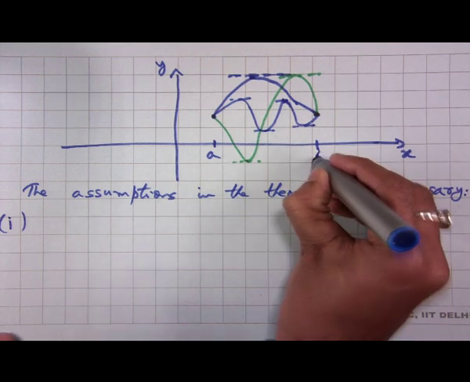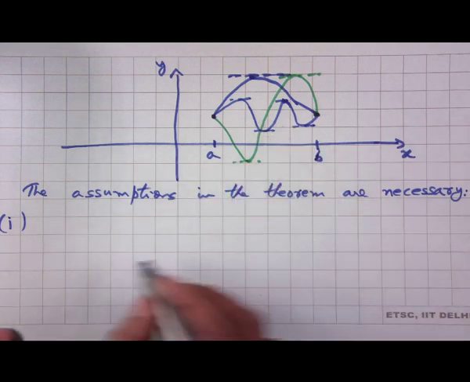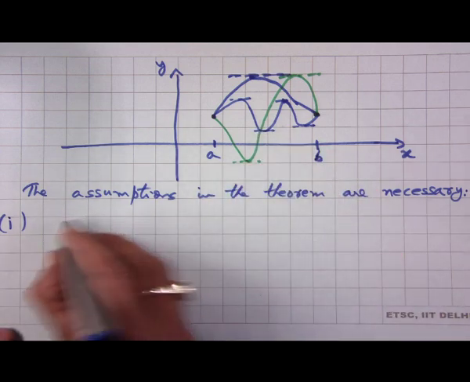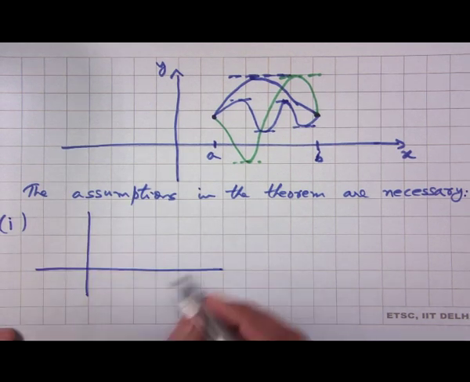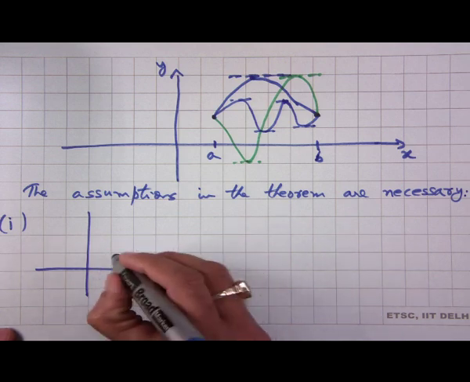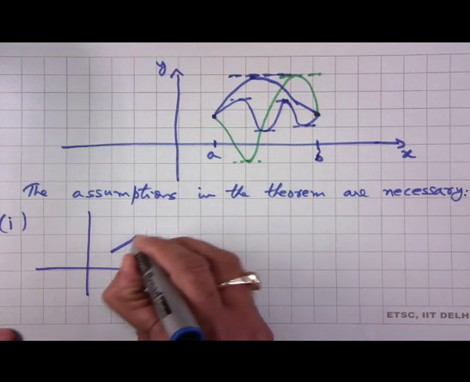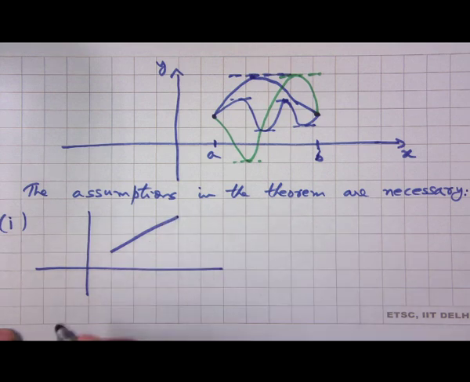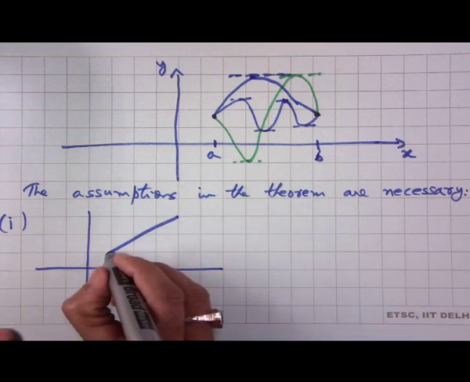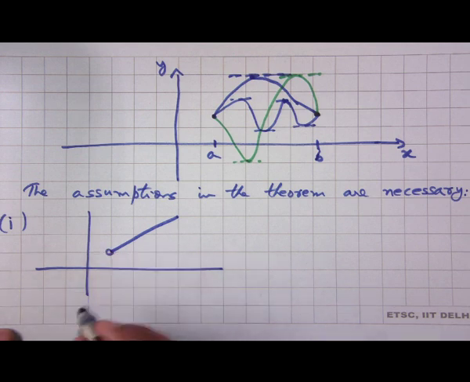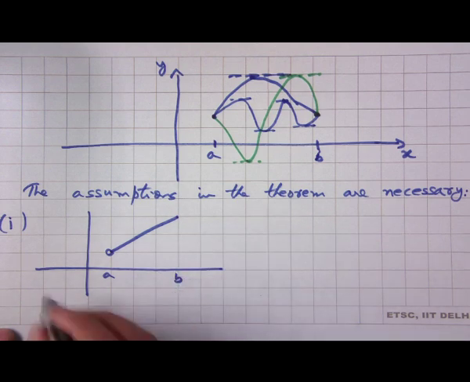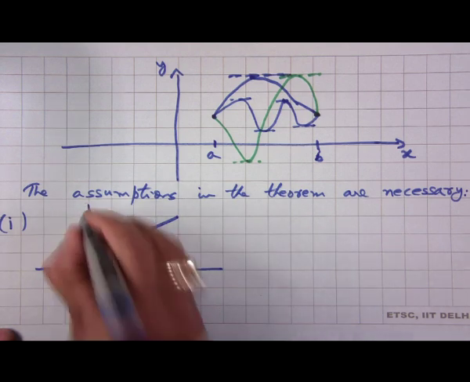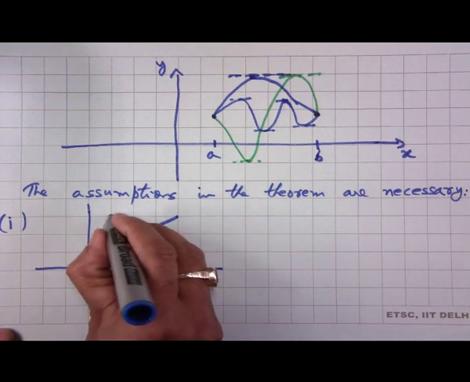Suppose f is not continuous on the closed interval, then you might have a function that is just increasing like this, and then at the end point, suppose this is A and this is B, at A I can define this value.